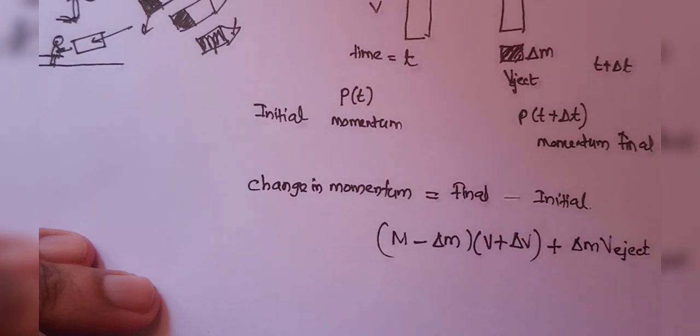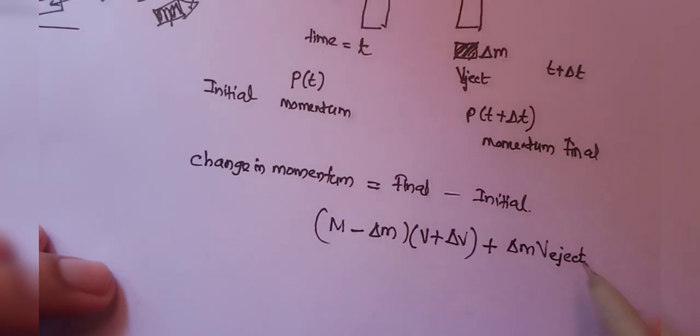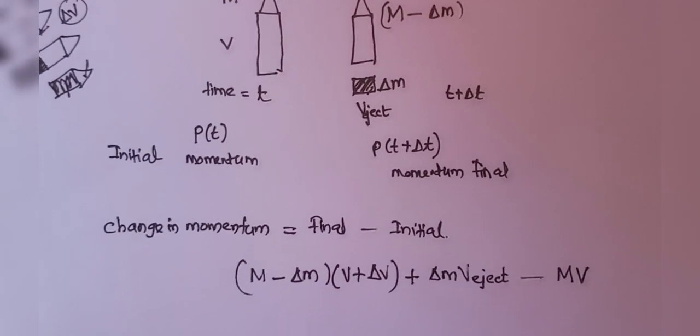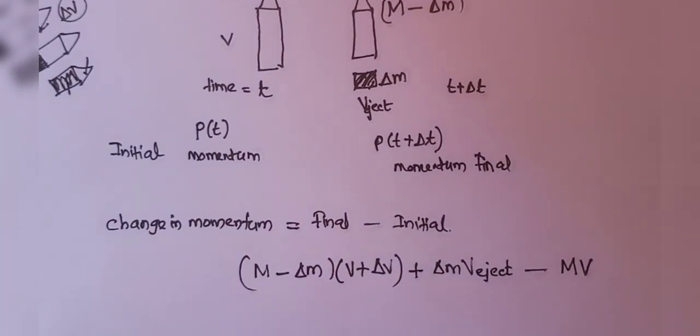Okay, v ejection velocity minus the initial momentum, which is basically your m into v. So now here we should be very careful while performing the simplification. So this is a bit tricky.